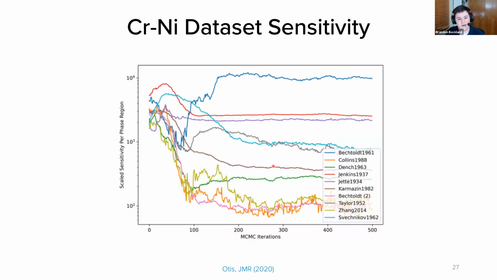And so this is one example we can do with this sensitivity. Another one is that we can look at the data a different way, and we can say, okay, let's look at each individual data set now, and we can see which data sets have the most sensitivity in our Markov chain Monte Carlo simulation. In this case, we can see that this 1961 paper has the highest sensitivity. So what that's telling us is that when we're doing our MCMC simulation, this set of data is responsible for a lot of the driving of the log probability.